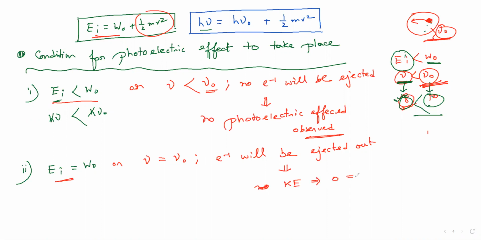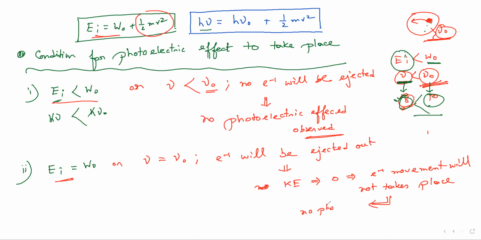Kinetic energy becomes 0 means electron movement does not take place. If electron movement does not take place, then we can say no photoelectric effect.